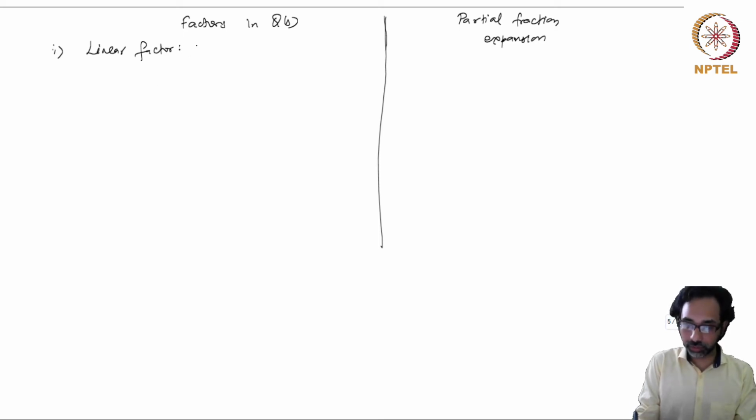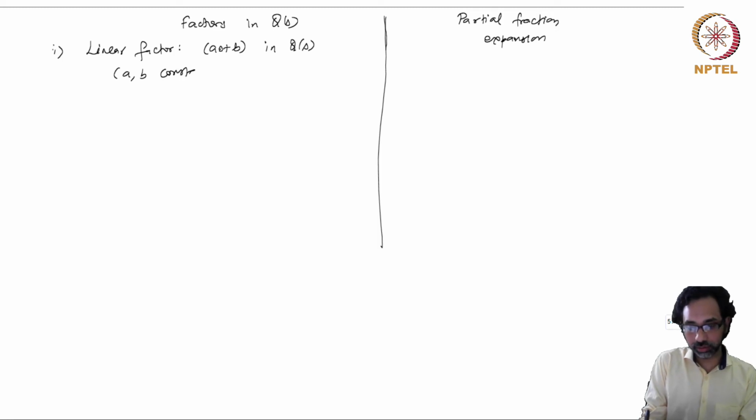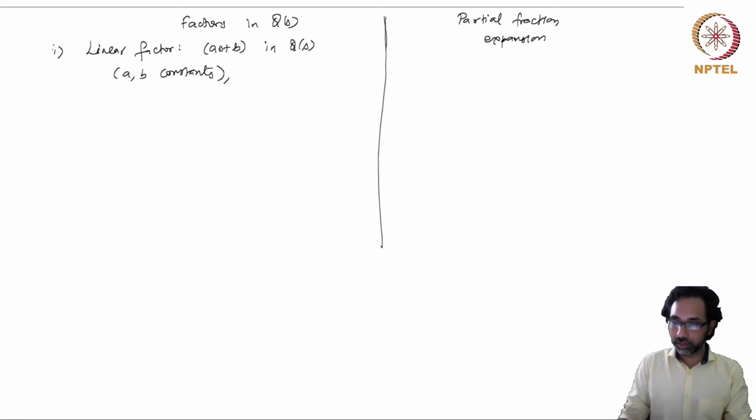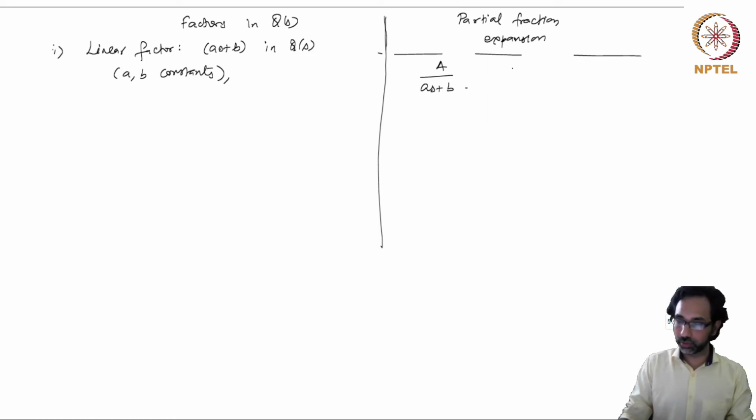If you have a linear factor of the form as plus b in Q(s), where a, b are constants, then the partial fraction expansion for this is given by A over as plus b. So we have to determine this coefficient A for this partial fraction expansion for each linear factor of this form as plus b.